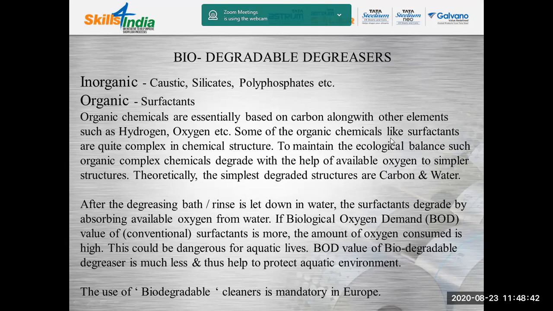Some organic chemicals like surfactants are quite complex in chemical structure. To maintain the ecological balance, such organic complex chemicals degrade with the help of available oxygen to simpler structures. Theoretically, the simplest degraded structures are carbon dioxide and water.